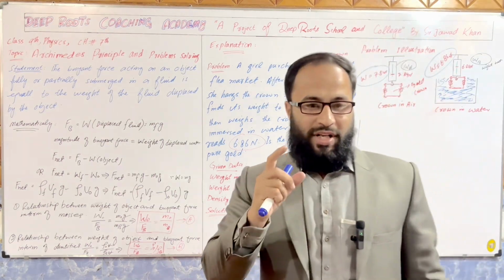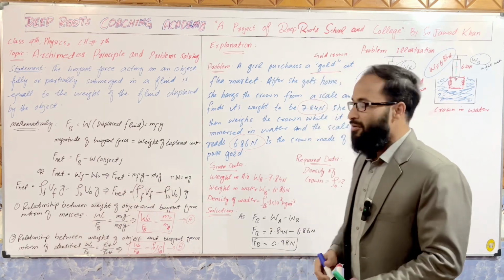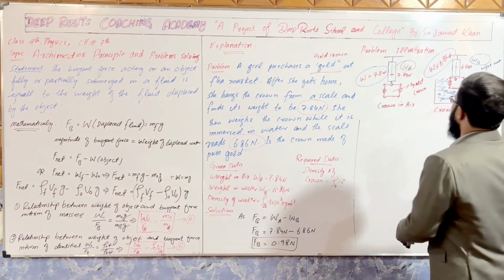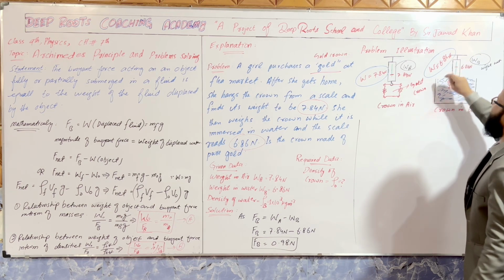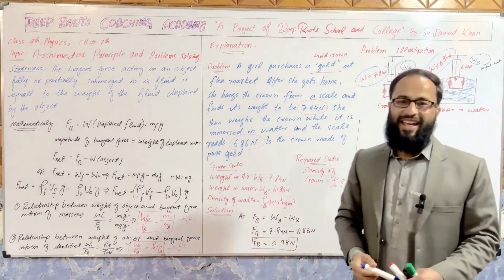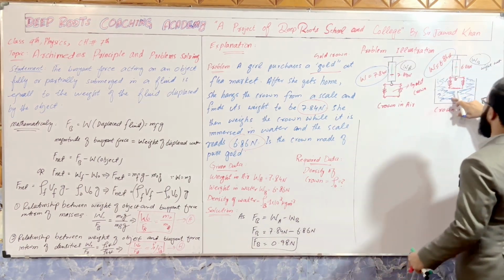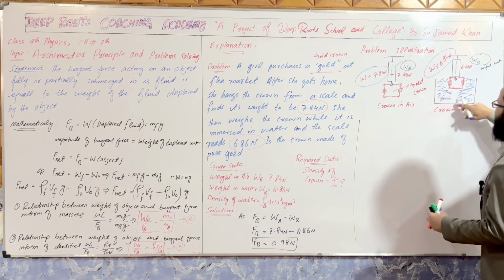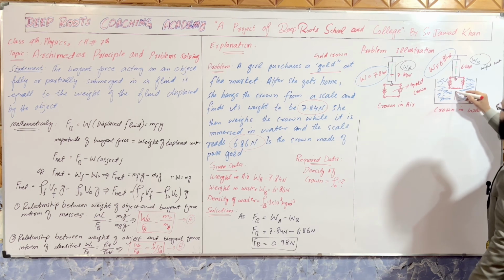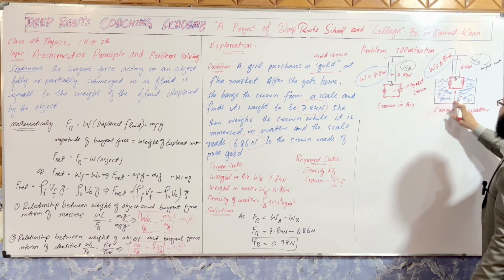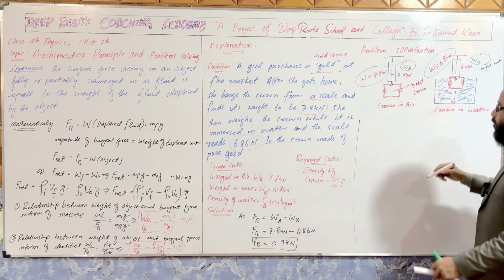Here is a very important point and a very interesting logic. Why does this weight seem to be lesser as compared to the weight in the air? Because here we have another force acting on this crown as well, from the downward position to the upward position, which is called buoyant force.